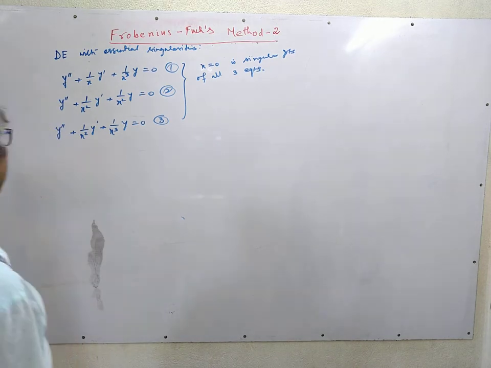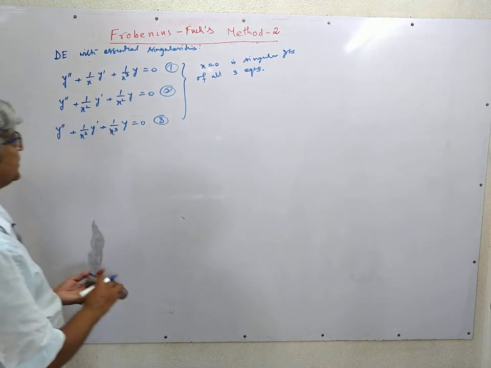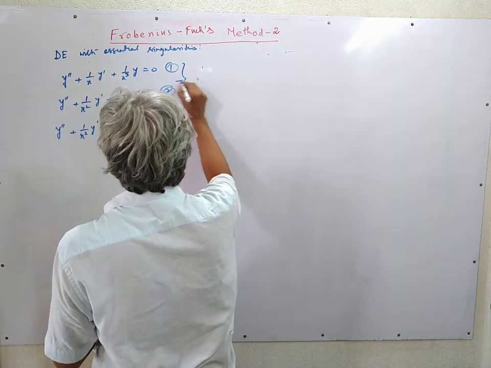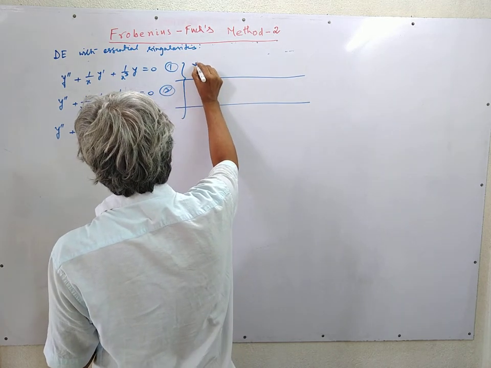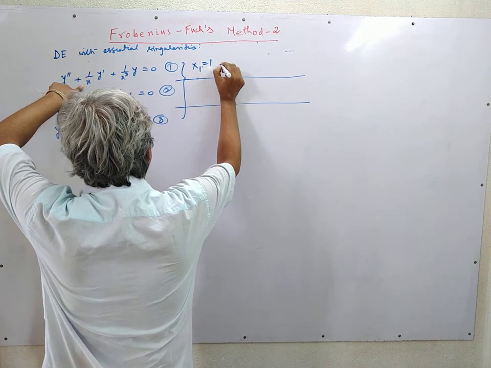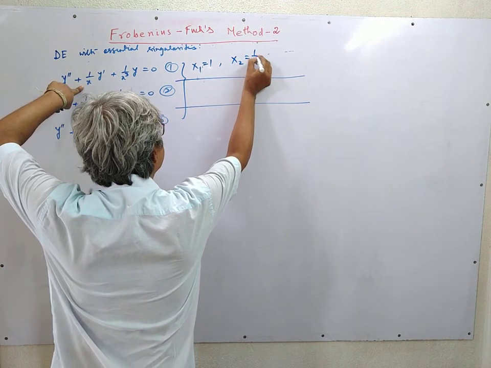If we define X1 for the first one, X1 is Q1 times x, so this is 1, and X2 is equal to 1 upon x.